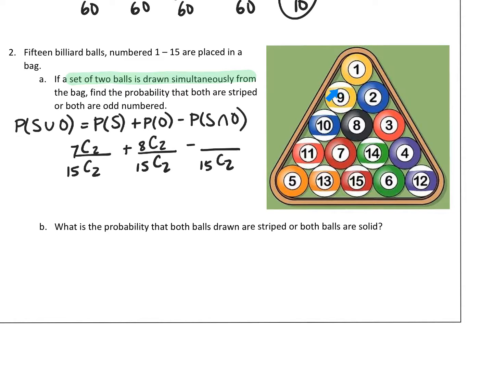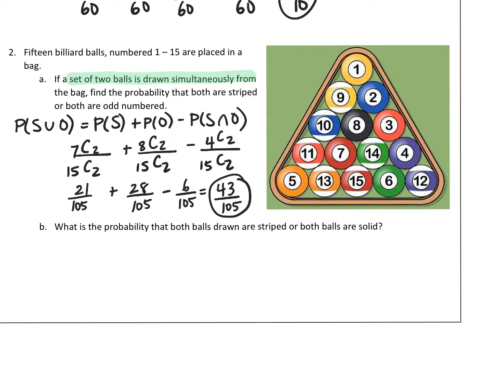Well, yes, here's one, here's one, here's one, here's one. So there's actually 4 that are both striped and odd, and I will have double counted them. So when I put all this into my calculator, this is 21 over 105 plus 28 over 105. Subtract 6 over 105, which comes out to be 43 over 105, and that does not reduce.